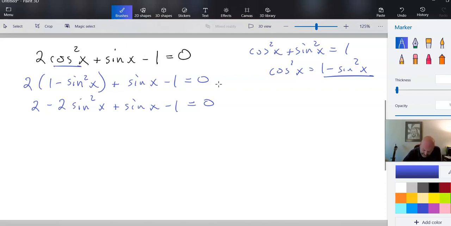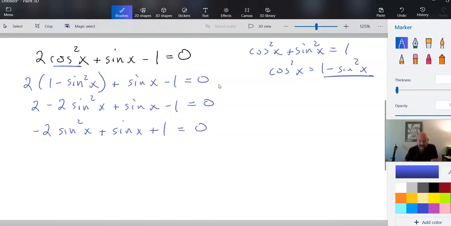And if I just go ahead and collect my like terms, the only ones I really have are the 2 and the negative 1. I end up with negative 2 sine squared x plus sine x, and then that would make it a plus 1. 2 minus 1 is 1.